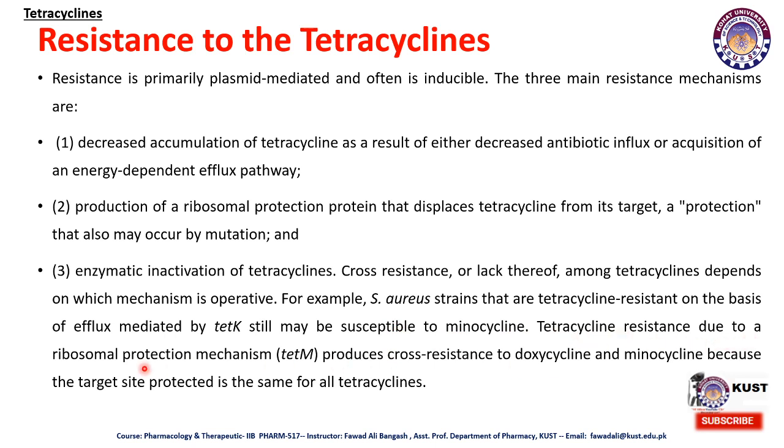Tetracycline resistance due to the ribosomal protection mechanism produces cross-resistance to doxycycline and minocycline because the target site protected is the same for all tetracyclines. So, for enzymatic inactivation, cross-resistance will depend upon which mechanism is operative.